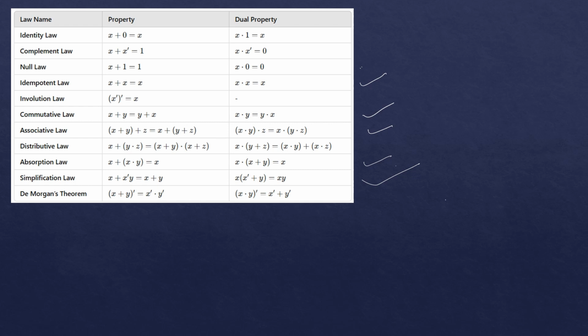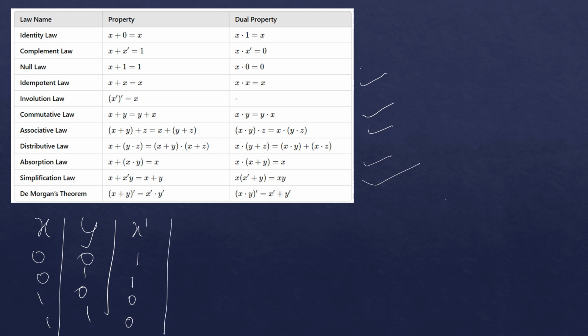This can be proved using a truth table. In the truth table process, first you write x and the next input y, so you have only two inputs. Then do the columns and write 0, 0, all the truth table values. You write an x dash column because you have one x dash, so it will be the negation 1, 1, 0, 0. See, 0 will become 1 and 1 will become 0.